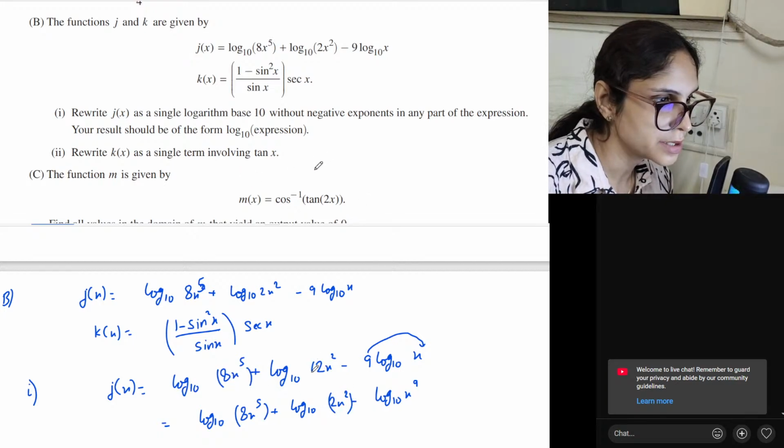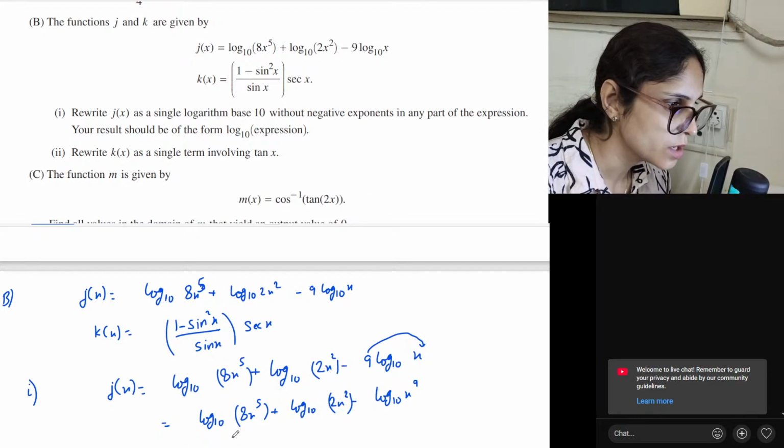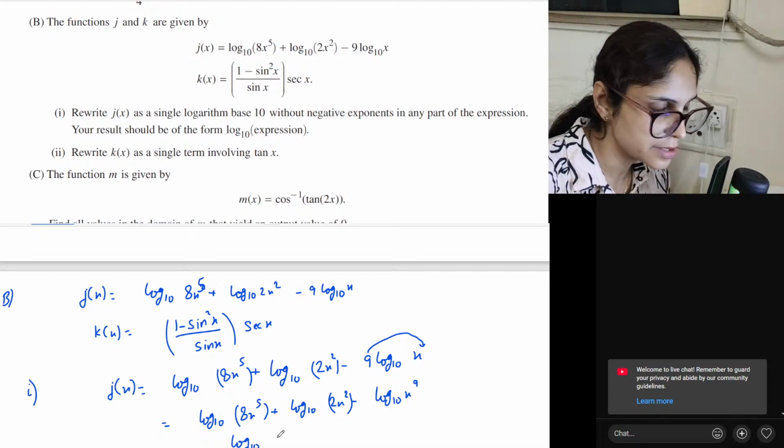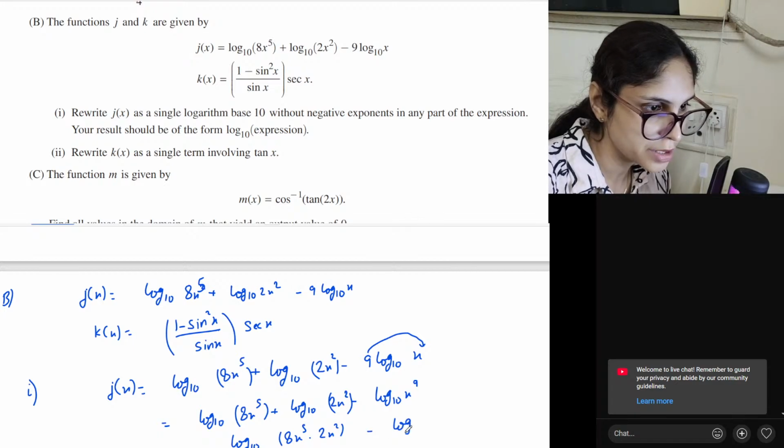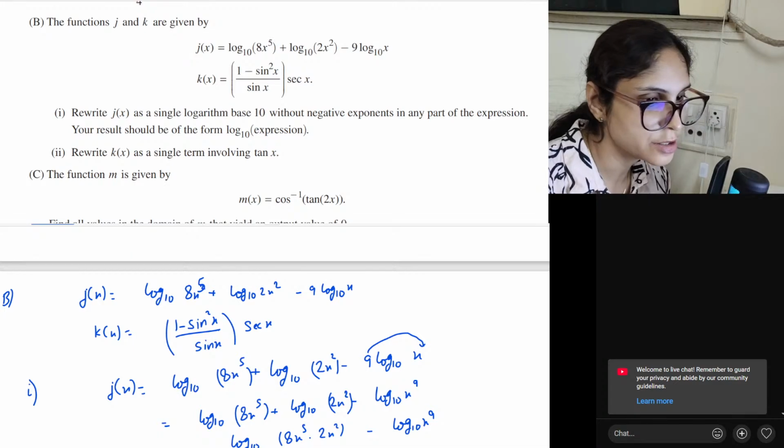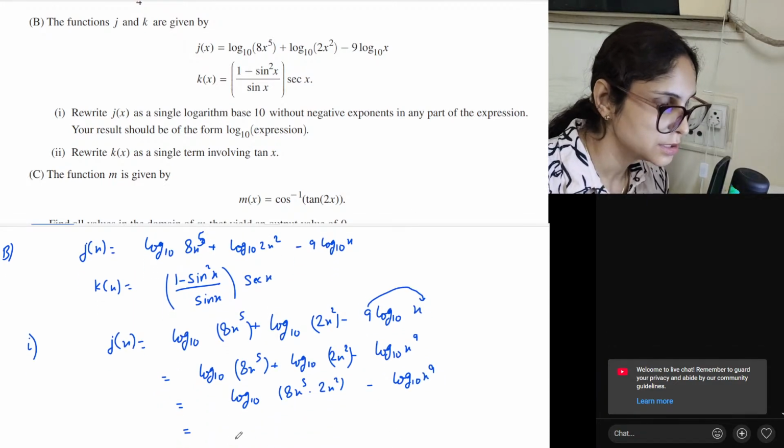Now we can combine these. Because they are added, you will multiply 8x to the 5th times 2x squared, and because they are subtracted, you will divide by x to the 9th.